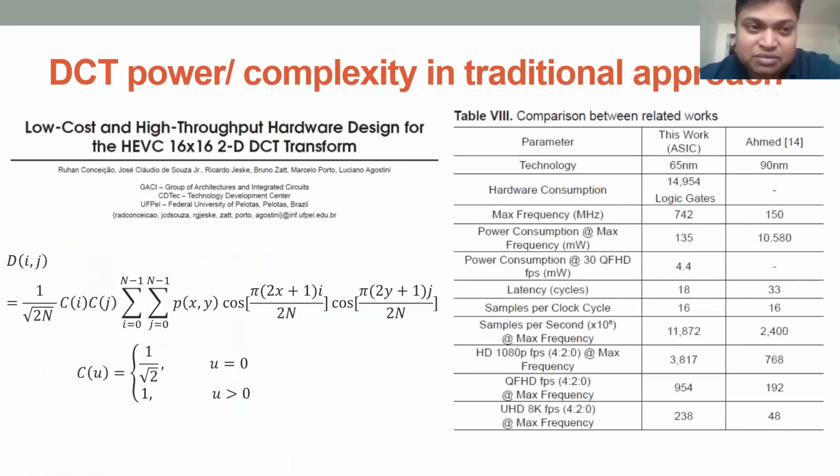So now when we have to look at the DCT complexity and power, that's where the mixed signal computation comes in, because for the ones that we find, it's already well documented how much power and how many logic gates are needed. For example, in one of the examples published in 65 nanometer, if you want to run it with a high throughput, like 800 megahertz or so, it consumes about 135 milliwatt, which is significant, right?